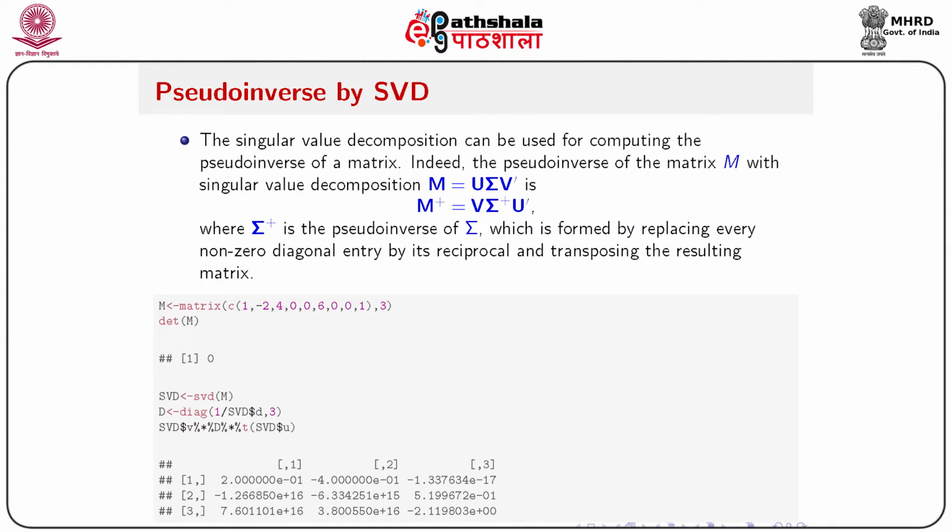So easily, by this equation, you can get the pseudo inverse of M, that is M plus. Let's see how you can get it in R.